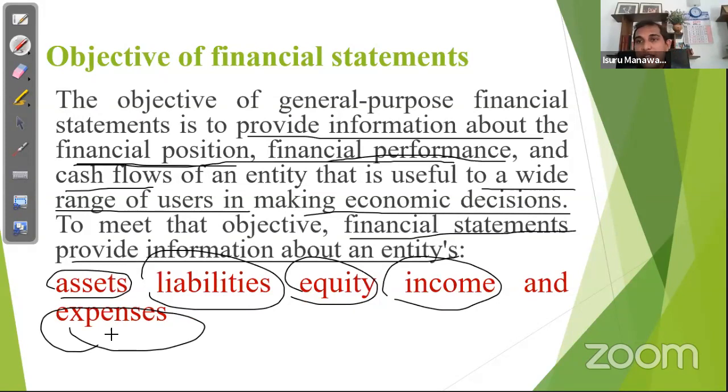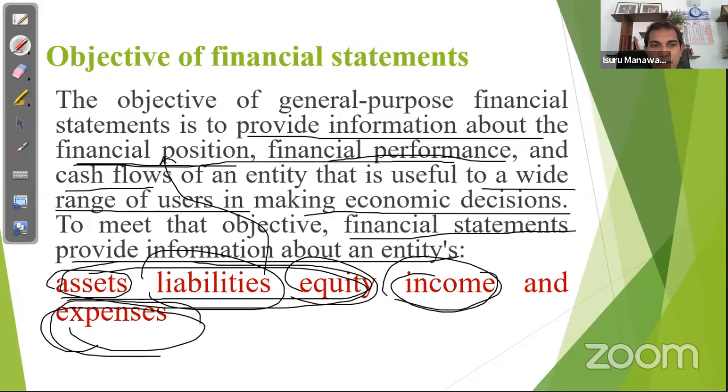You know the definitions, and I strongly believe you understood the definitions of all elements of financial statements as per the conceptual framework, right? Now, asset, liability, and equity need to be shown in the statement of financial position. We need to show income and expenses and take the difference between them, and that is called profit.